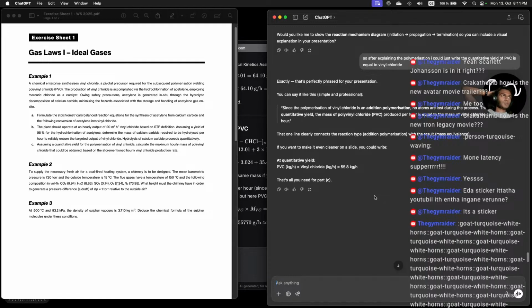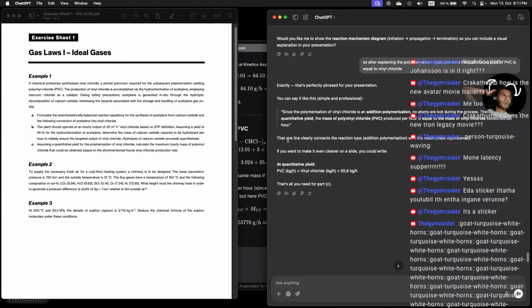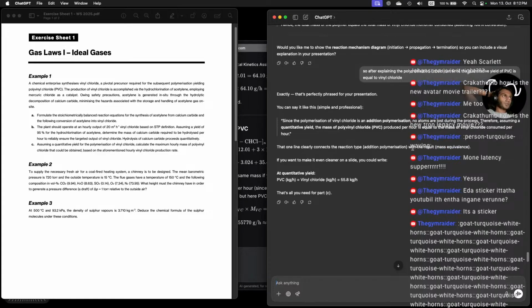Since the polymerization of vinyl chloride is addition polymerization, no atoms are lost.